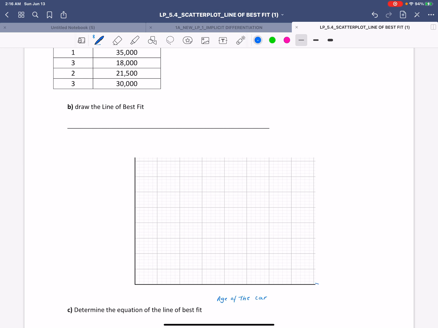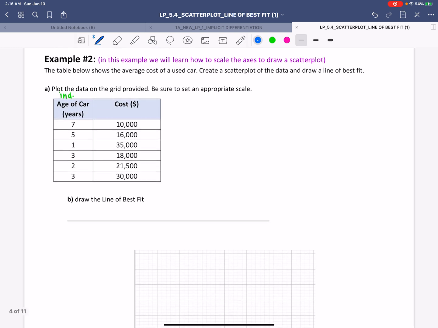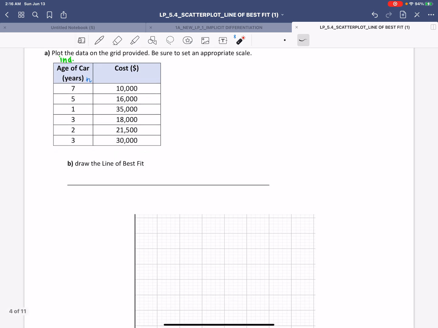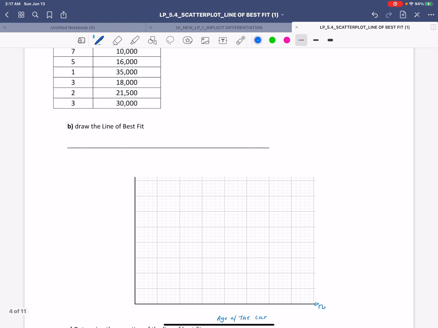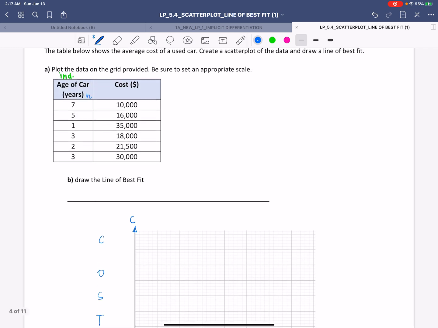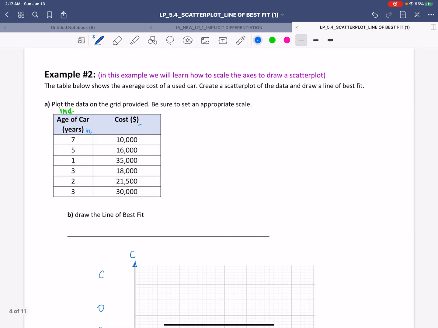And I'm going to let n be the number of years. The second column represents the values of the cost. So that means that cost will go on the vertical axis. And for cost, we're going to use the variable c.